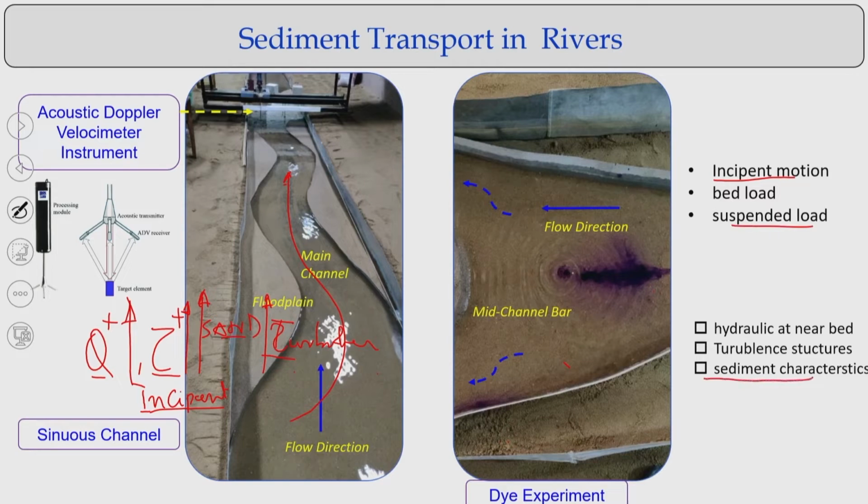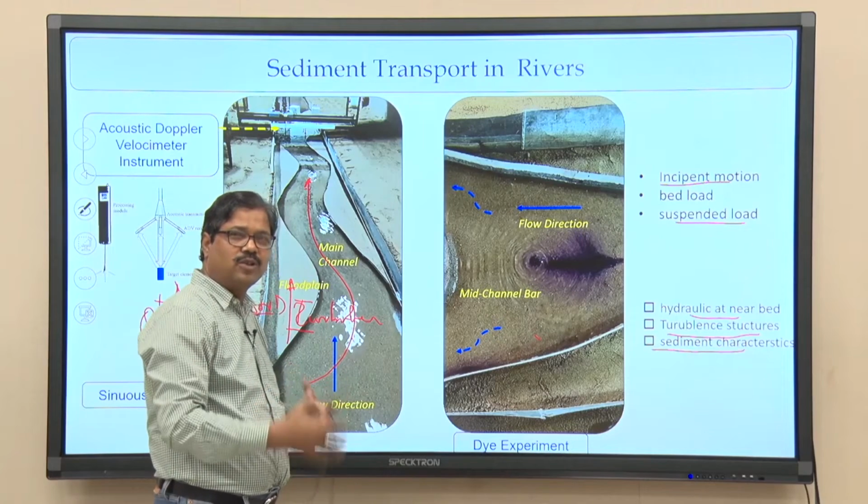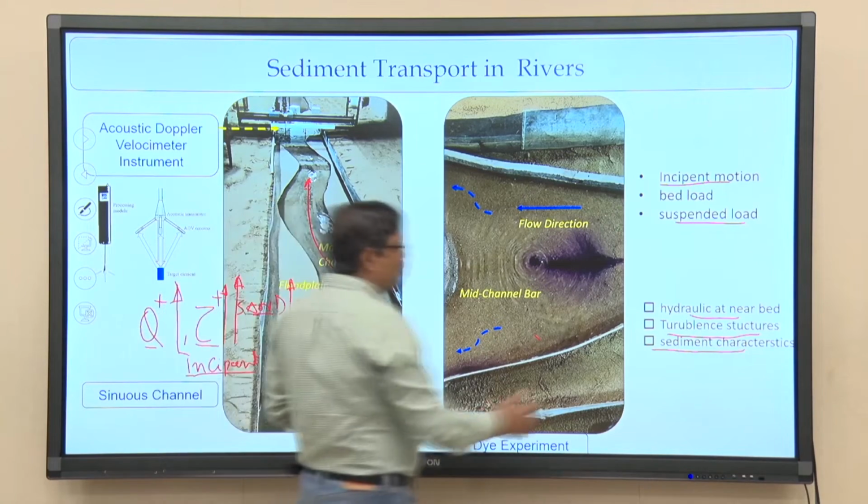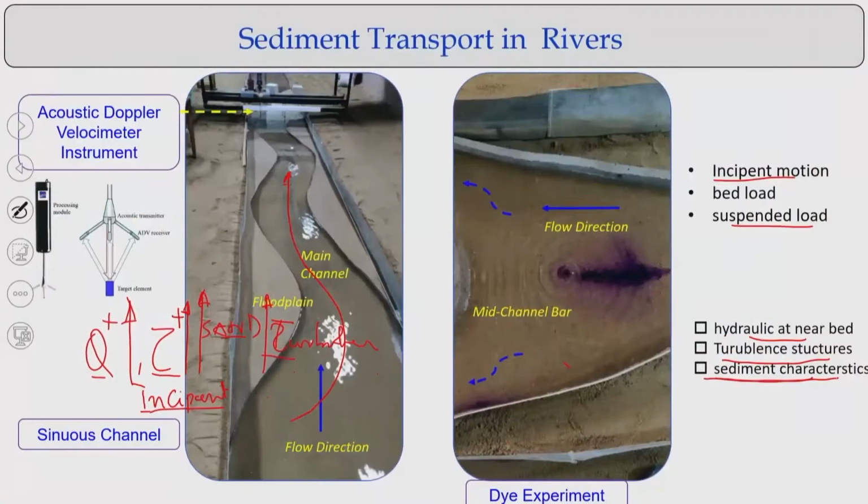It depends upon the flow properties and hydraulics at near-bed conditions, the turbulent structures, which we are not going into in detail here, and also upon the sediment characteristics, like D50 and the weight of the sediment particles. All of it decides how bed load and suspended load occur as the discharge and bed shear stress increase.